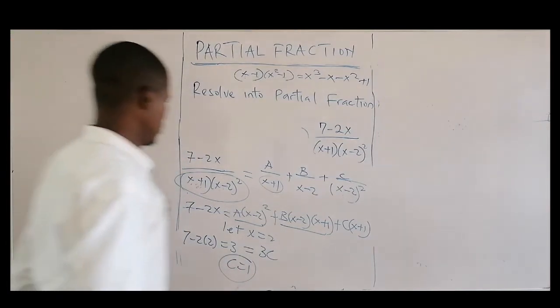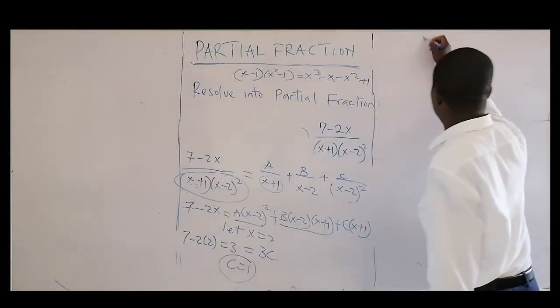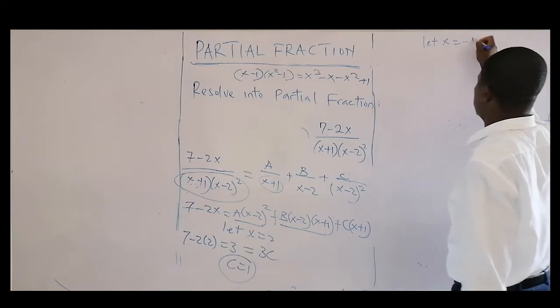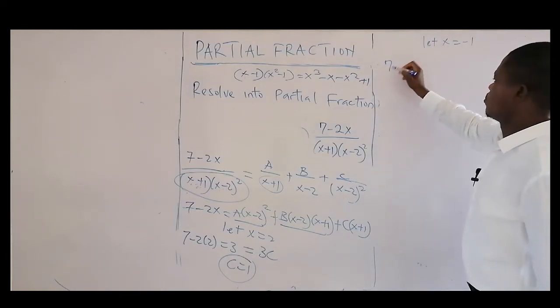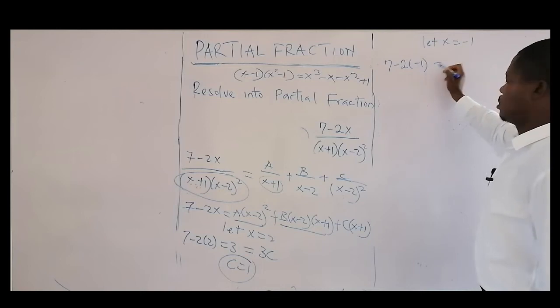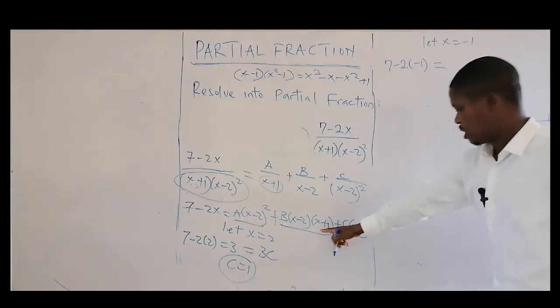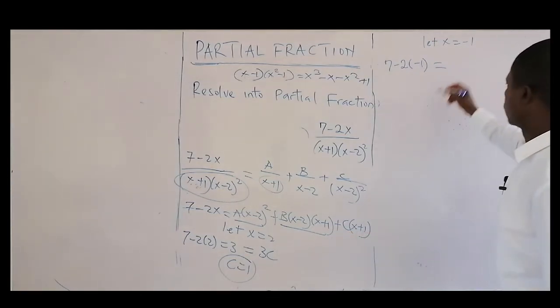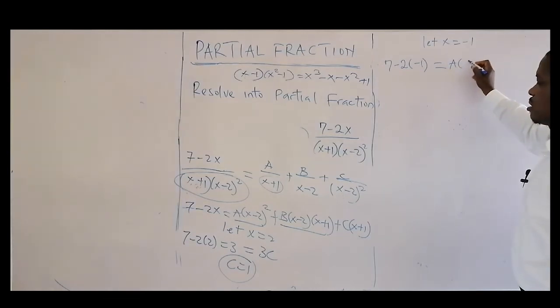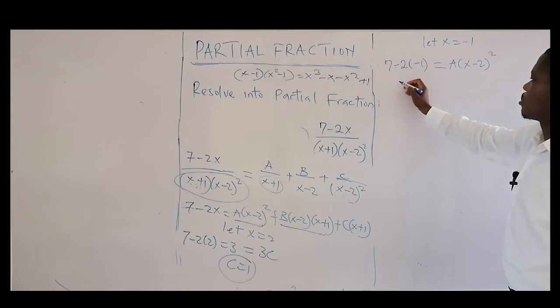Okay, next value, let x equal to minus 1. Then we have 7 minus 2 into bracket minus 1 equal to, this we cancel, this we cancel. Then we have a into bracket what? a into bracket x minus 2 all squared. And this will be minus, that's plus.